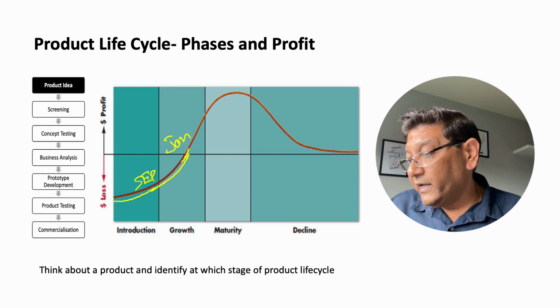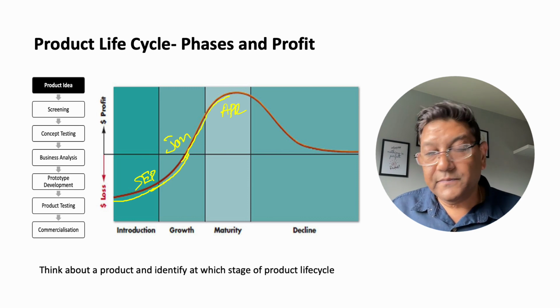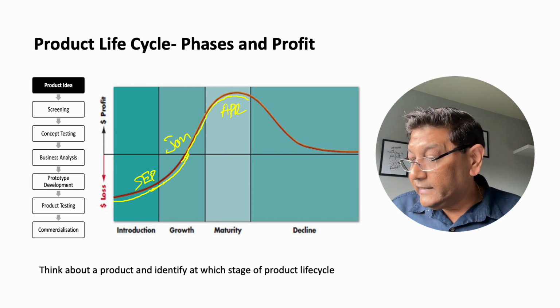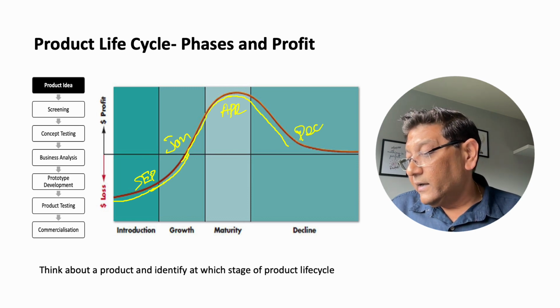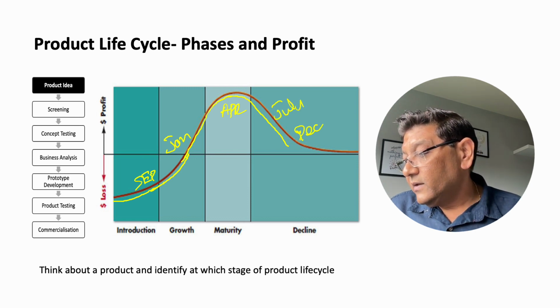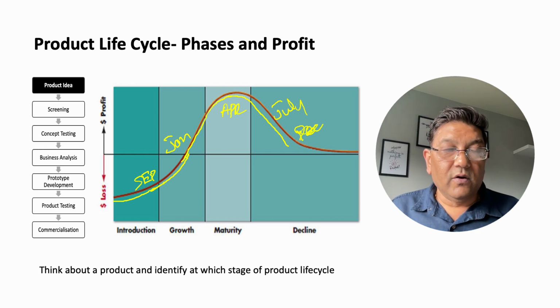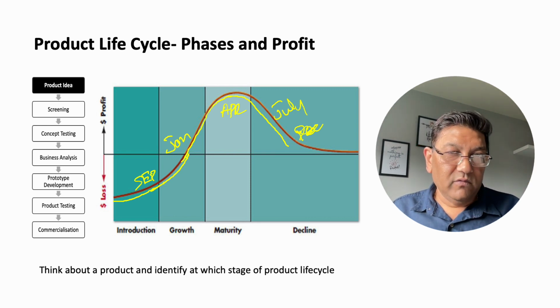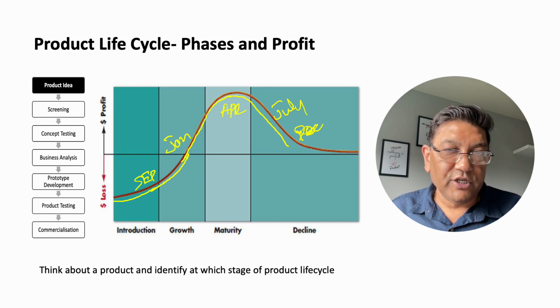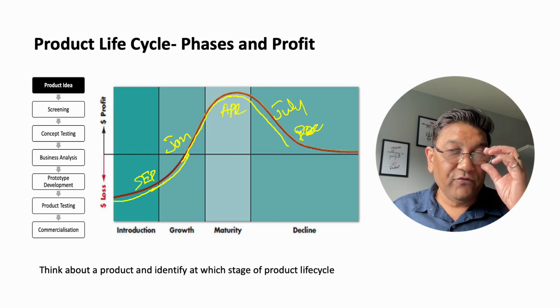By the time it reaches March, April, it reaches maturity, and after that the sales decline by, let's say, July. Why? Because by that time the technology has evolved, people get bored with that phone, they need something new, and that is how human behavior is changing. They need something new every time.